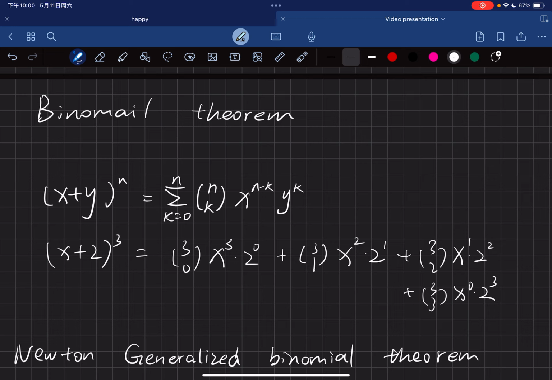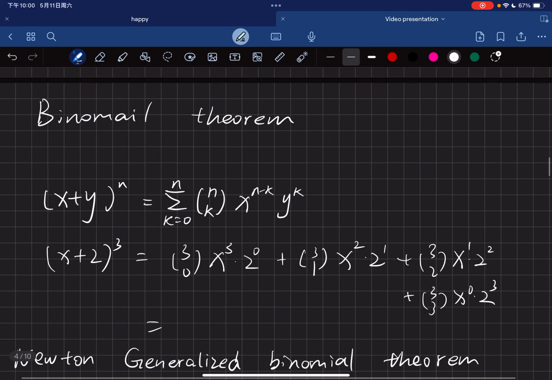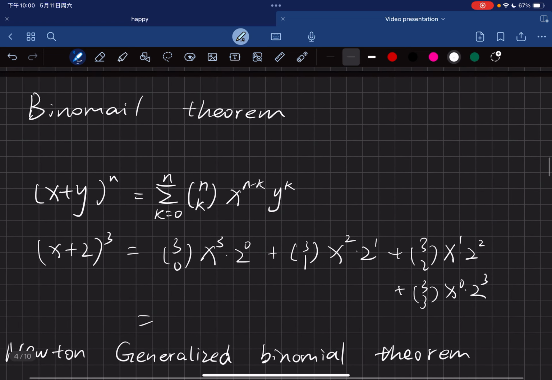So it is easy to calculate. That is x to the power of 3 plus 3 times x squared times 2.